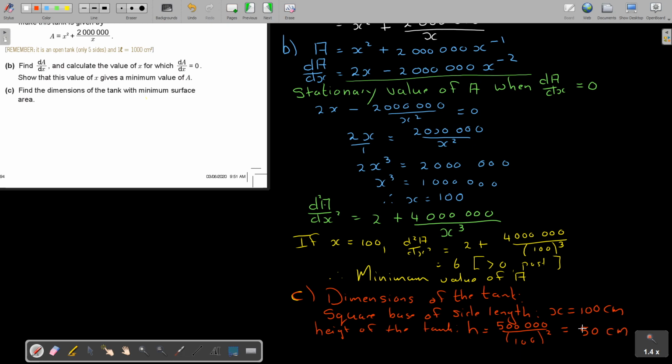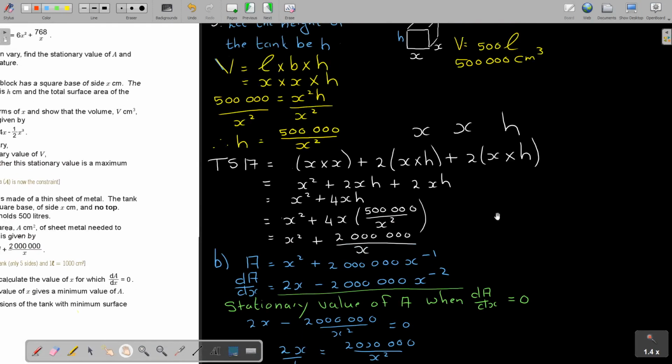Okay, so that's the dimensions of the tank. It's a base with 100 by 100. So it was 100 by 100, and this was 50 centimeters. Okay, also try to do number 2. You will find the solution in the teacher's guide.